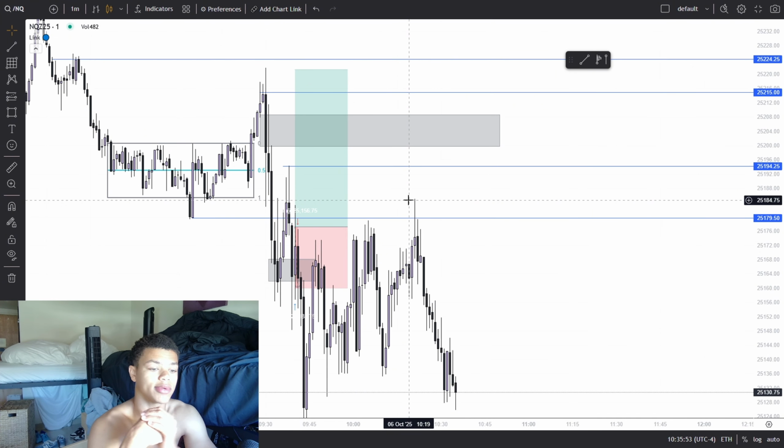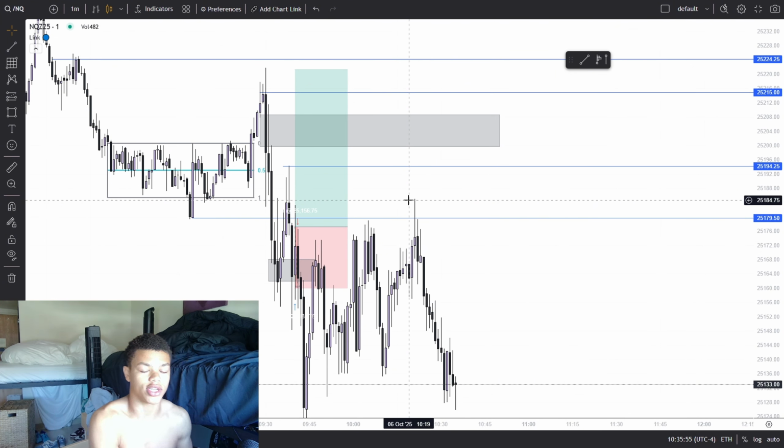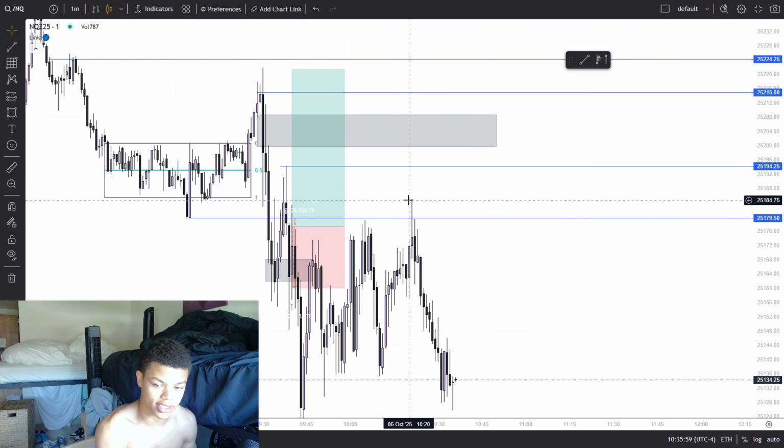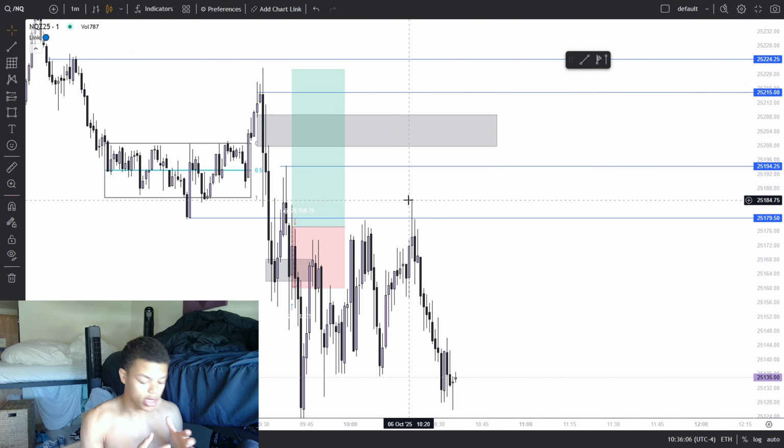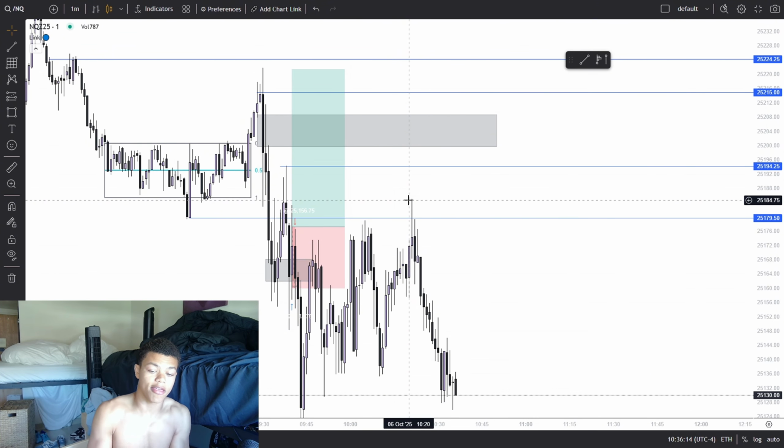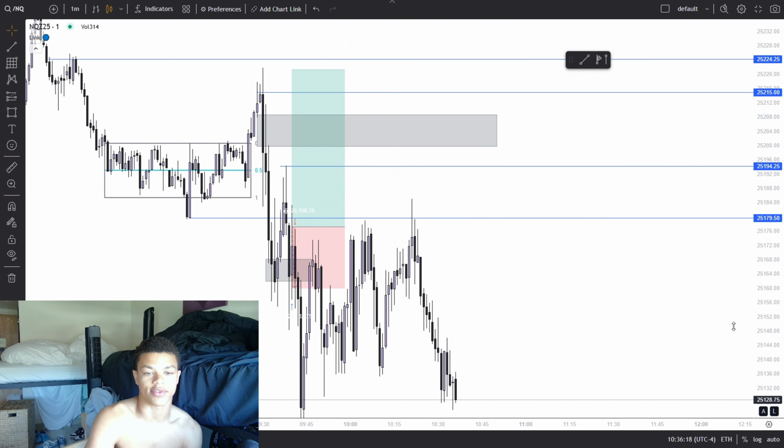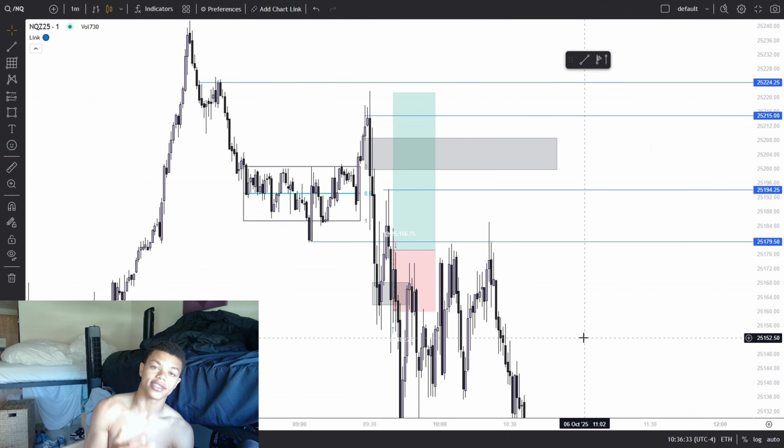That's the one thing that separates a profitable trader that takes a loss from an unprofitable trader that takes a loss: the unprofitable trader spirals into multiple L's after multiple L's. The profitable trader takes the L, analyzes it, recognizes where he went wrong, and then does better the next day, and doesn't let the psychology factor impact whether he takes a win or a loss the next day. And that's the difference. But regardless of what you think, this is a part of the journey.